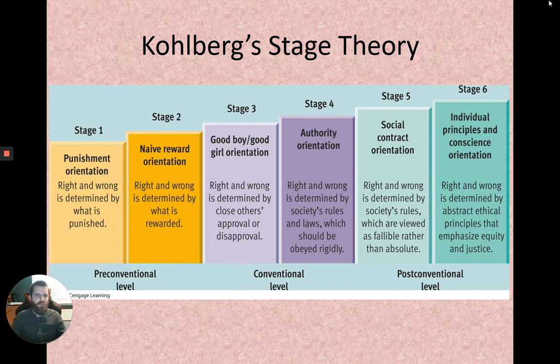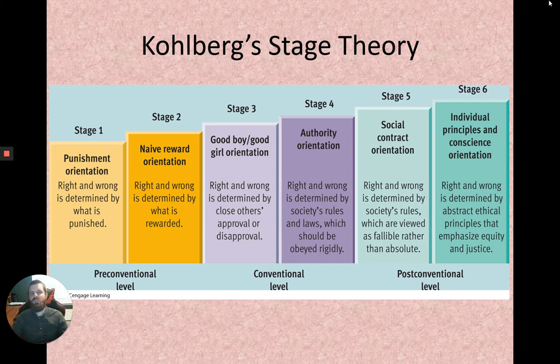And then finally, Kohlberg explains stage 5 and 6, which is the post-conventional level. And now we are dealing with the ideas of justice and truth and fairness and equity. So first part, stage 5, the social contract orientation, is similar to stage 4 when it's about the law.